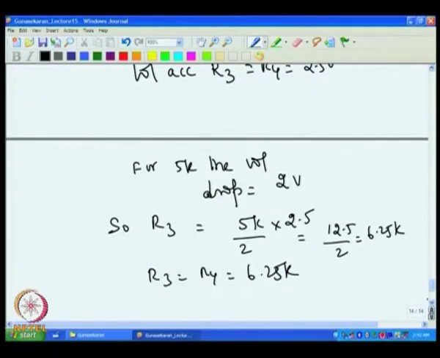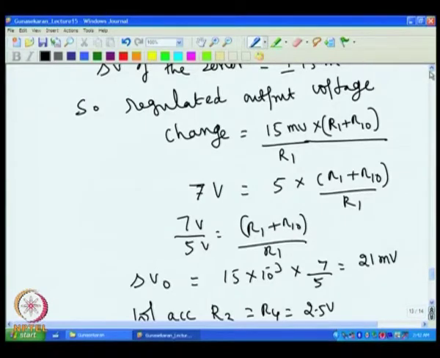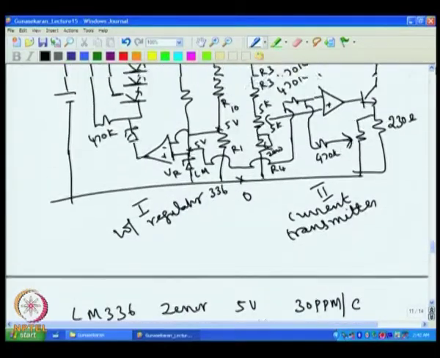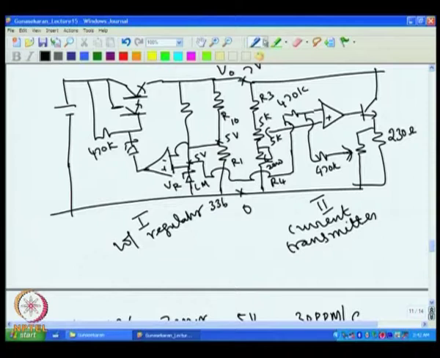So, our interest is to compute the voltage change at the potentiometer point. If we take this potentiometer, assume that it is at the maximum, say at 20 milliampere, then we know that voltage at this point is 4.5 volt, because this is taken as 2.5, and voltage across this is 2.